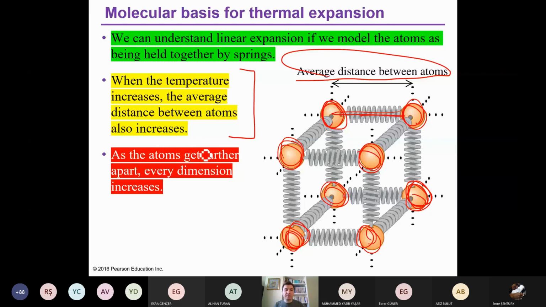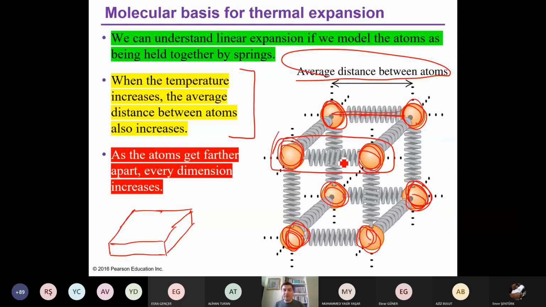Just look at this. Here, consider we have a material with this shape. And within this material, we have millions of atoms, and between atoms, we have a certain distance.